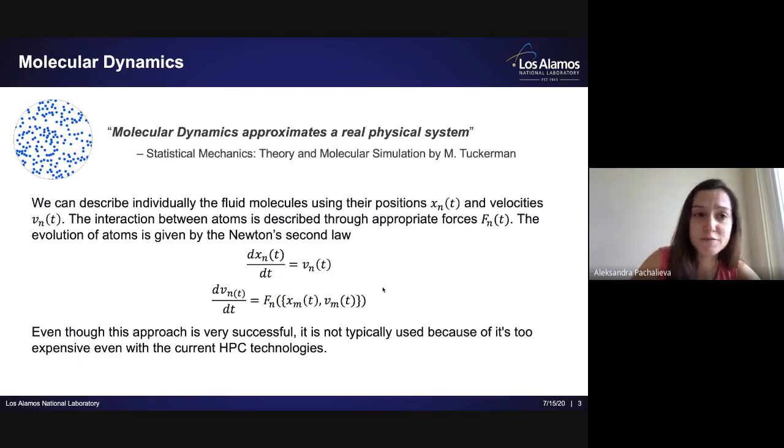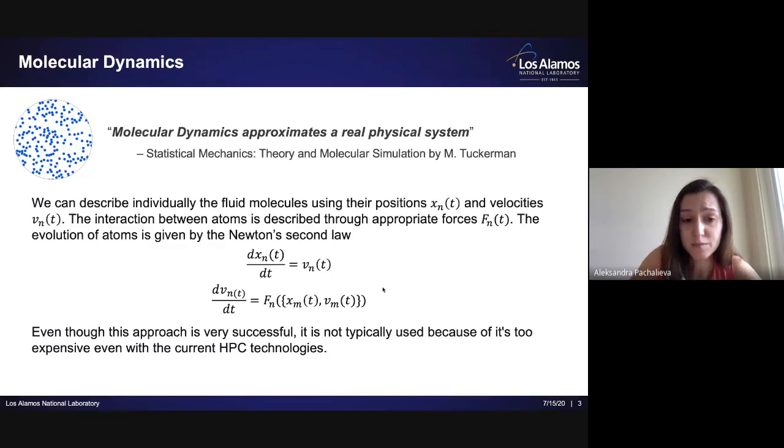So everyone knows about molecular dynamics. We approximate a real physical system, and we track different atoms, which are described by Newton's second law.